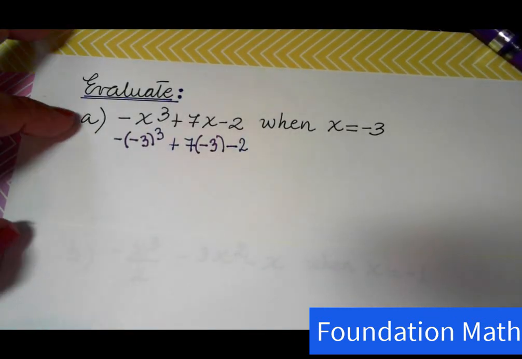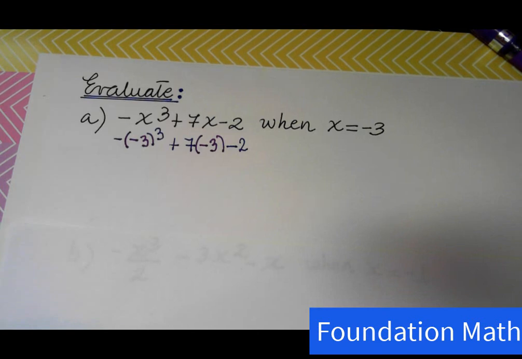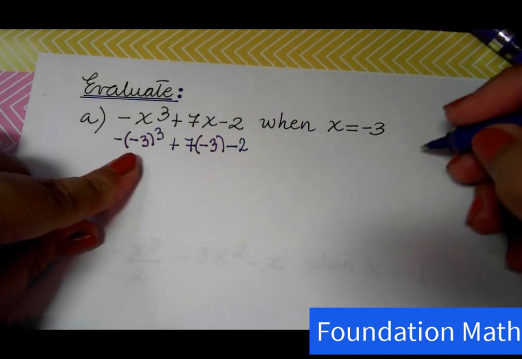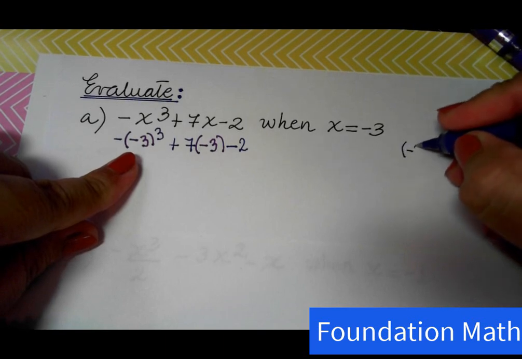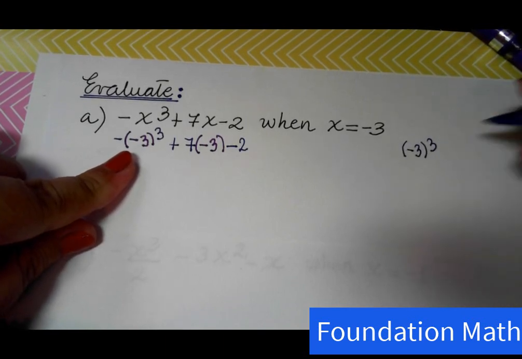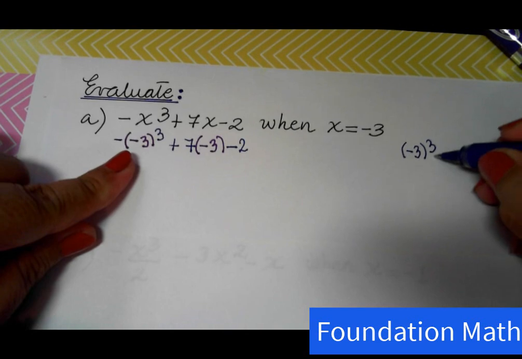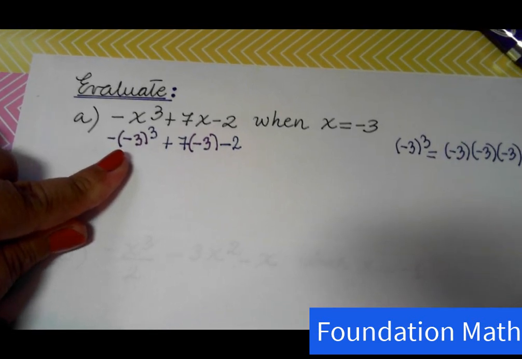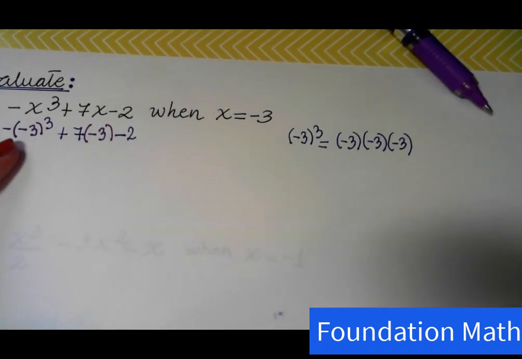Okay, so here we have to be very careful with the exponents. First, I'm going to solve here negative 3 with exponent 3. It's equal to negative 3 times negative 3 times negative 3, 3 times.